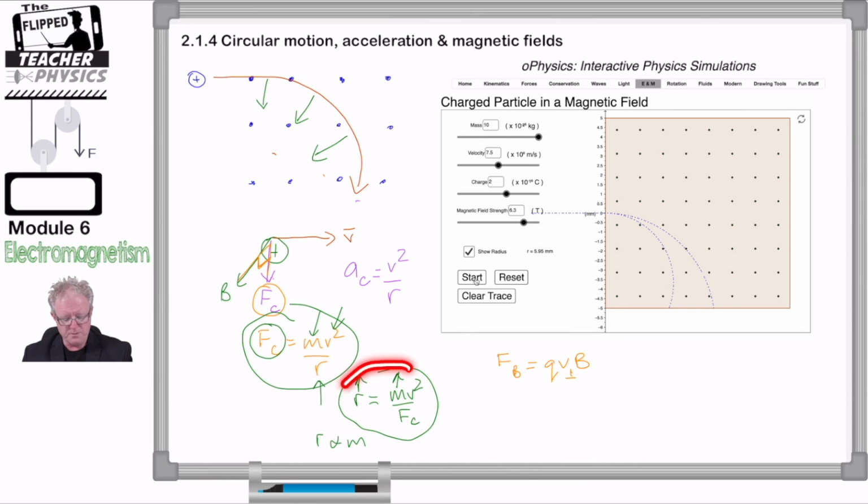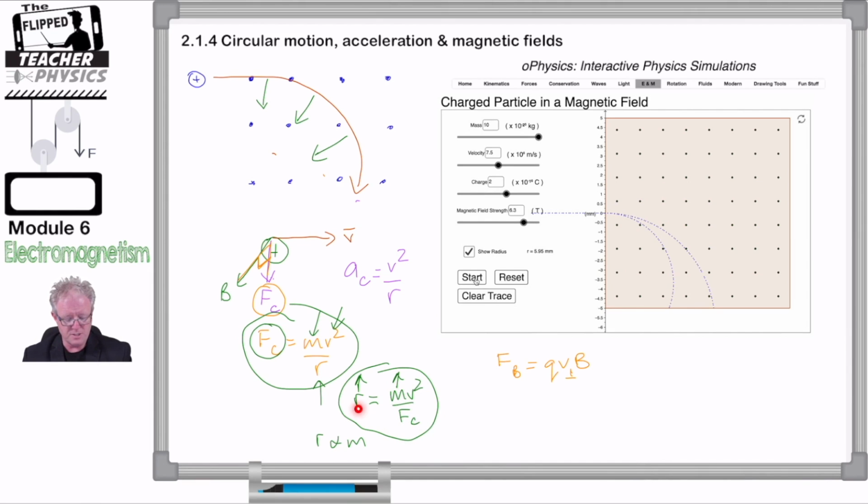So if I look back over here now, how was it that the applet showed that we increase mass and we increase radius? Well, we kept velocity the same, there it was, right? We can see it on here, velocity is the same, but the strength of our centripetal force must have changed.